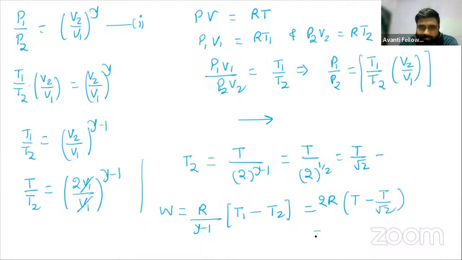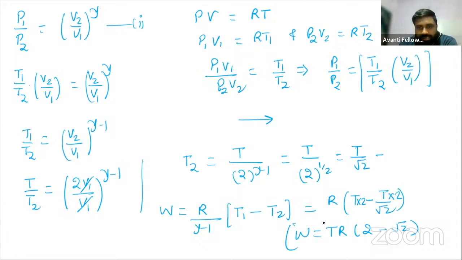We take the LCM, or simply you can take T as common and multiply 2 inside. So it will become TR into 2 minus root 2, because this 2 will multiply inside, and the 2 is nothing but root 2 into root 2, so one of the root 2 is cancelled and it becomes minus root 2.